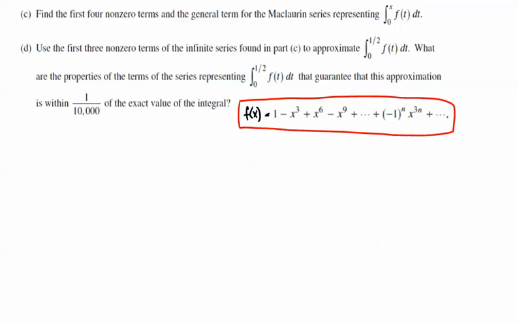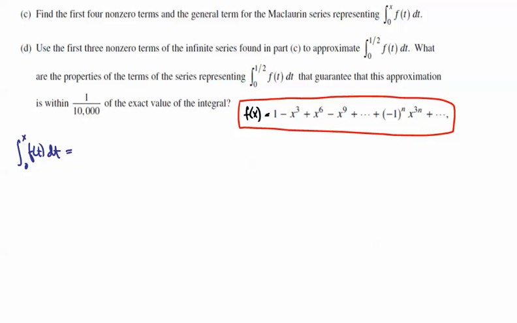In part C, we're asked to find the first four non-zero terms and the general term for the Maclaurin series representing the integral from 0 to x of f of t dt. I put a copy of f of x on the workspace there. The integral from 0 to x of f of t dt is just going to be a term-by-term integral of f of x.